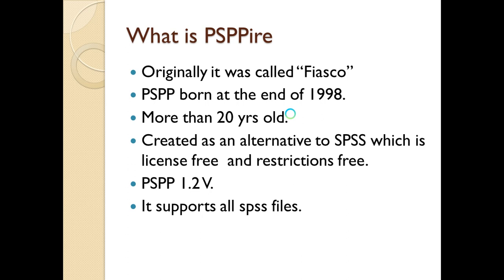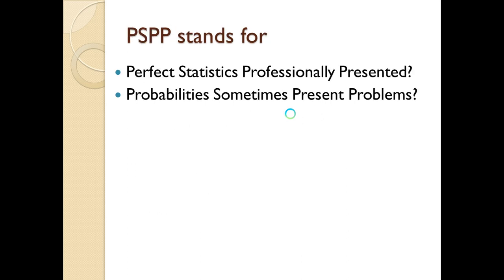Therefore, it's more than 20 years old. Now, this is created as an alternative to SPSS, which is license free, restrictions free, of course, not bug free. There are some bugs, I have already noticed it. It supports all SPSS files, so therefore, we don't have to worry about compatibility of the files.